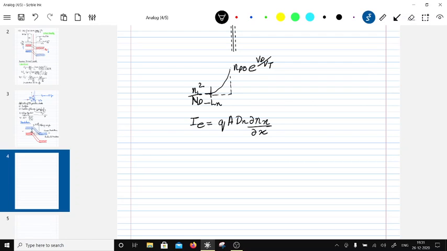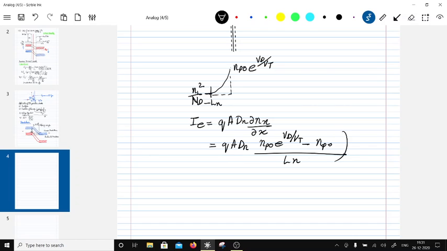There will be a minus sign here, but minus of the charge would cancel it out. So I'm just ignoring the signs. So this will become QADn, and this is going to become NPO e raised to Vd over Vt minus NPO divided by 0 minus ln.